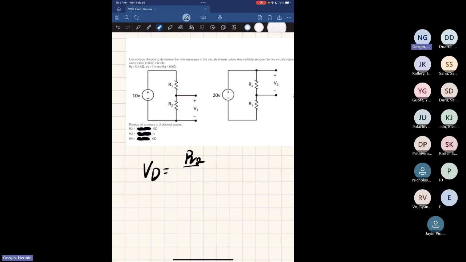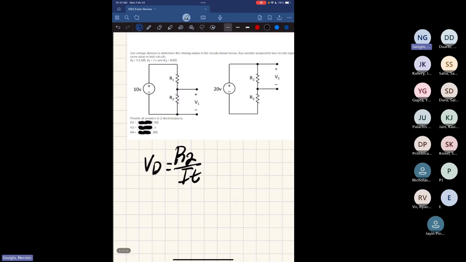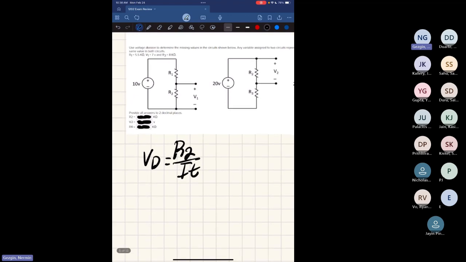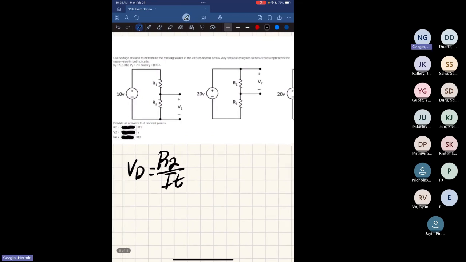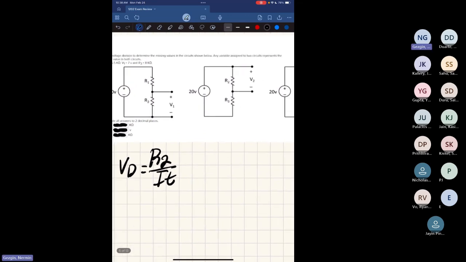Actually, no, we don't want to do it that way. Actually, yes, we do want to do it that way. We can find VD of R2 over the total current, and we can find the total current by summing the two. But we can't do that just yet.